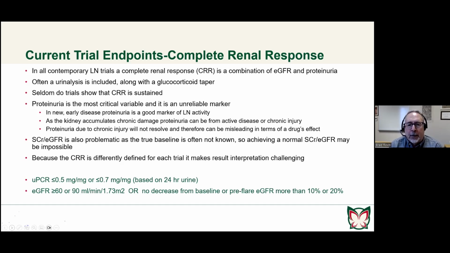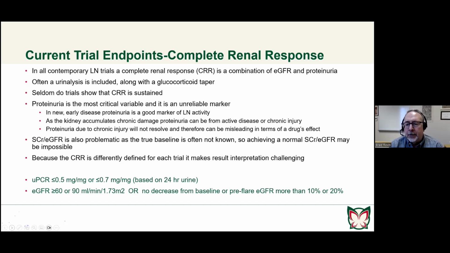The complete renal response, basically, as you all probably know, is a combination of glomerular filtration rate or kidney function and proteinuria. Sometimes a urinalysis is included, and as was mentioned earlier, a glucocorticoid taper has been part of some of the responses in recent trials.